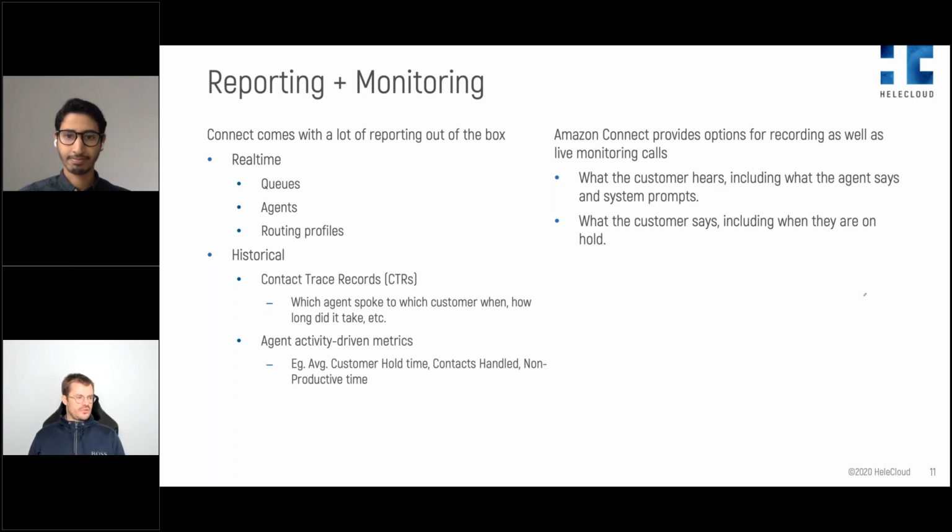The second type of historical reporting is agent activity driven metrics, which means metrics that tell you something about the performance of an agent. So this could be the average hold time, how long a customer has been on hold, how many contacts an agent has handled, and for instance, non-productive work time. There's a specific definition of how Connect and most other monitoring solutions, most other contact centers handle non-productive time.